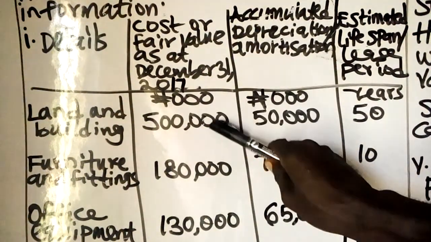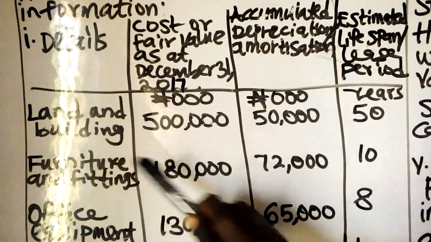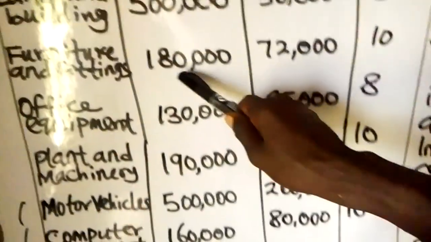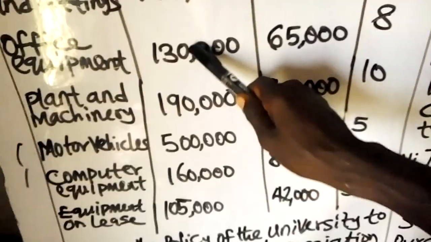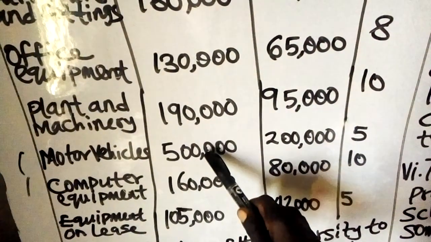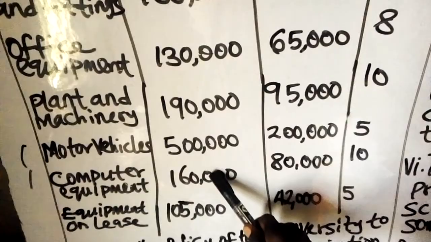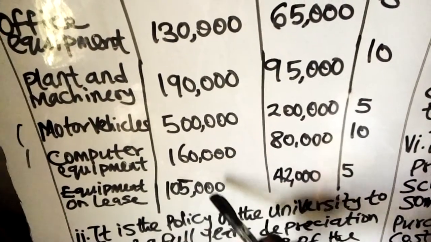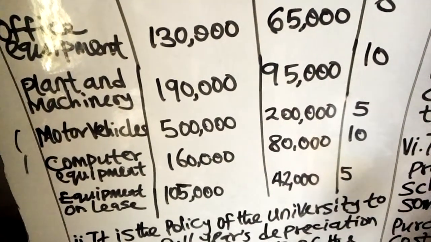So we have 500,000 for land and building, furniture of 180,000, office equipment 130,000, plant and machinery 190,000, then motor vehicles 500,000, then 160,000 for computer equipment and 105,000 for equipment on lease. So now let's write those figures.